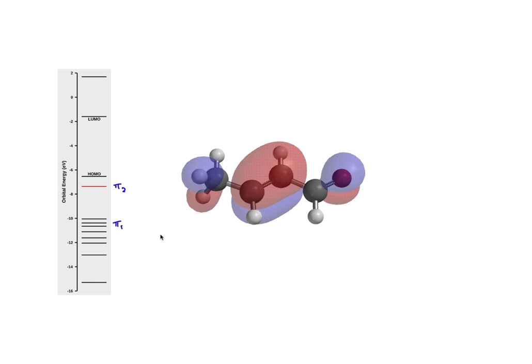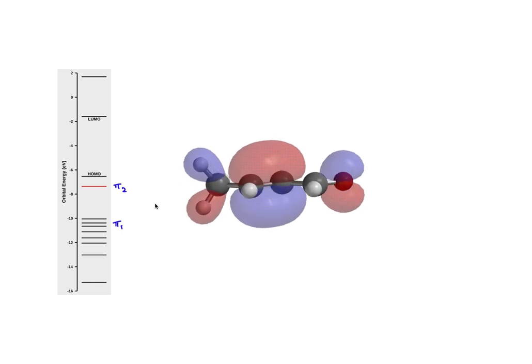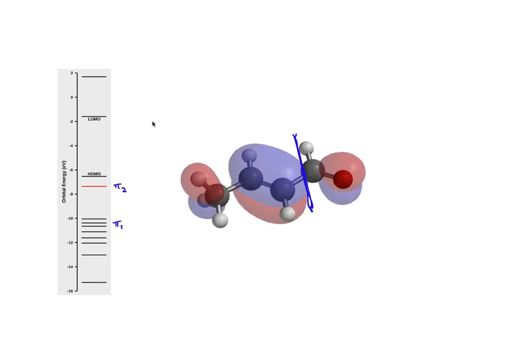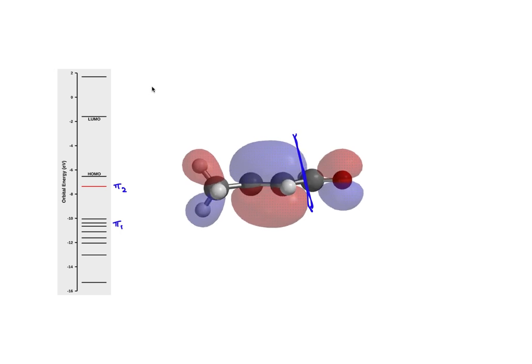The pi 2 orbital has the p orbitals composing alkene and carbonyl pi bonds out of phase, with a node of 0 electron density between alkene and carbonyl.